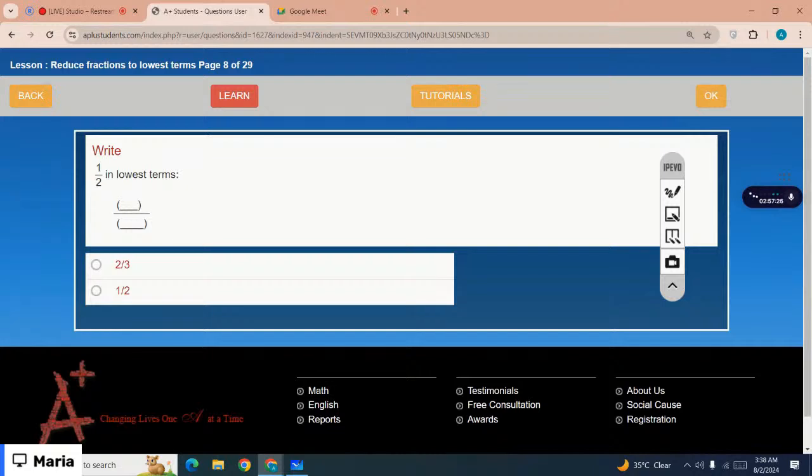So, which is the correct option? Yes, that is already in the lowest term, right? So, 1 by 2 is same as 1 over 2. Option number 2 is the correct option.